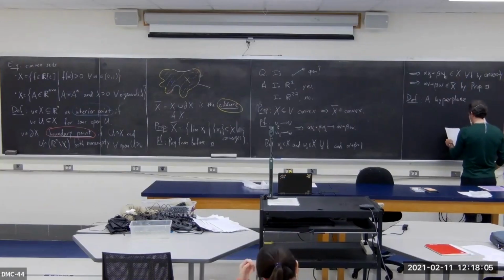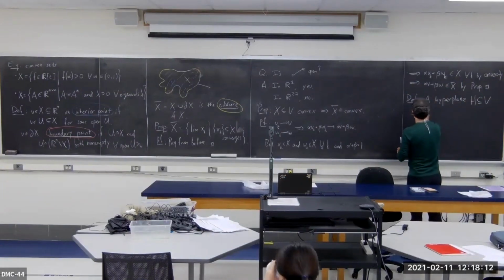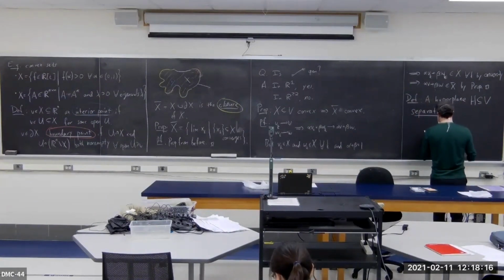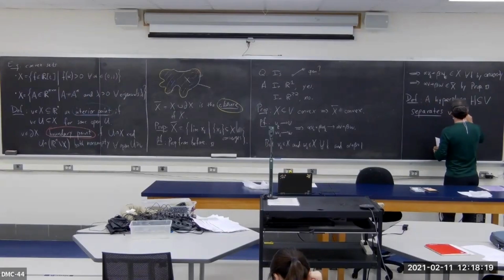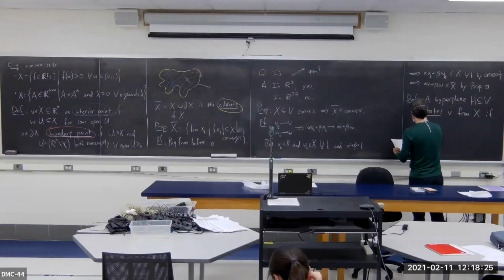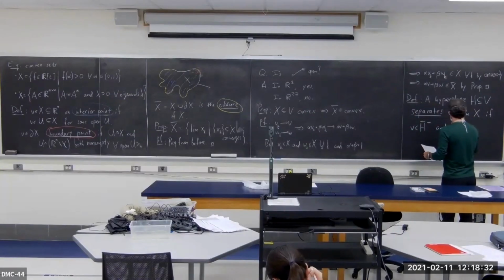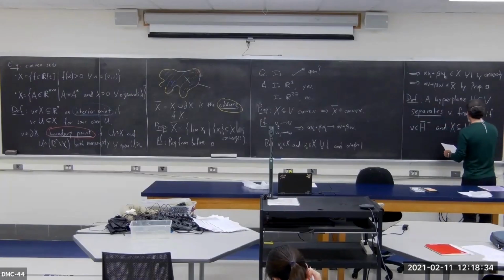So a hyperplane H contained in V, I'm going to say that it separates V from X if V is in the negative closed half space and X is contained in the open positive half space.